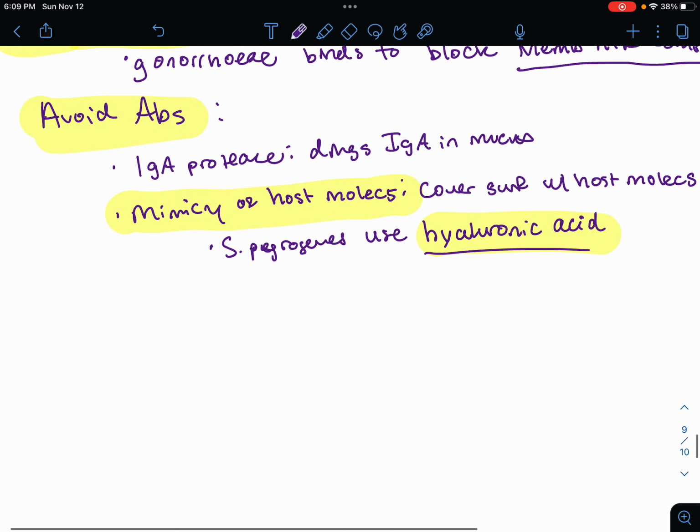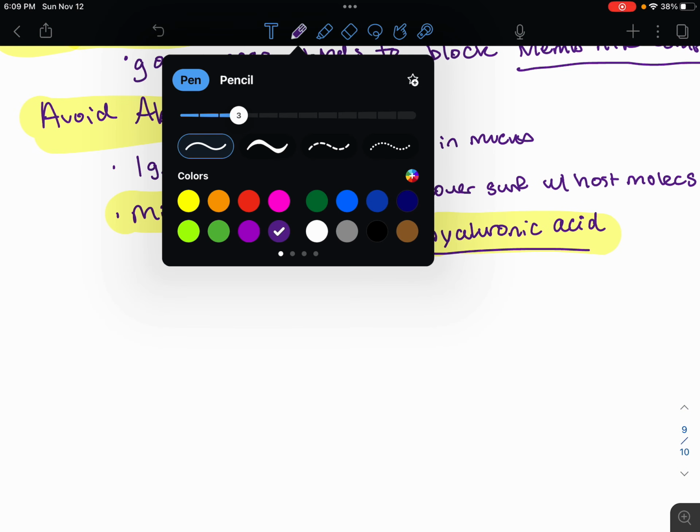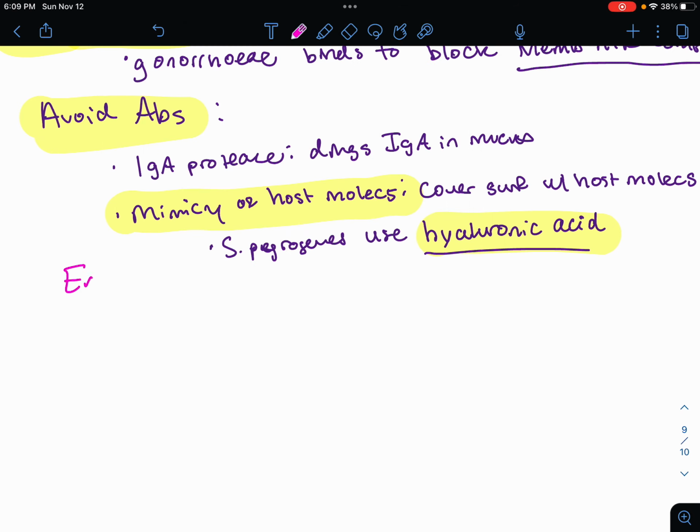Right now we're going to be talking about exo versus endotoxins. Endotoxins are going to only be from gram-negatives, and they include the lipopolysaccharides of the outer membrane, specifically the lipid A. That's going to be the main one.